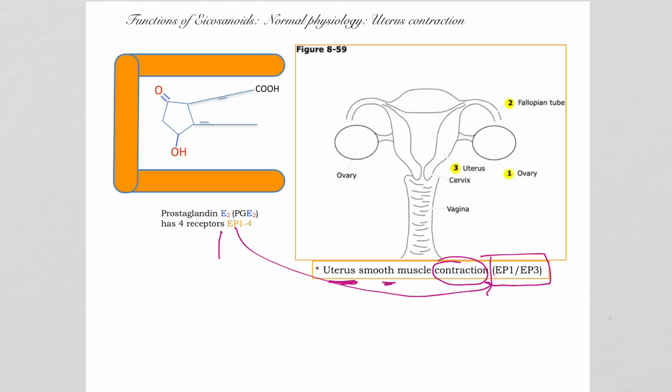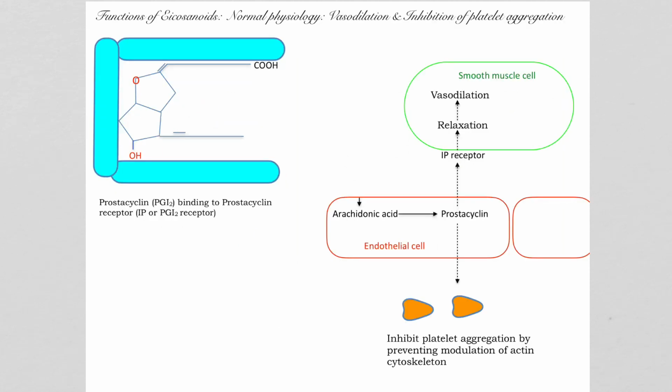So this shows that the same prostaglandin can cause one effect in one organ and the opposite effect in a separate organ. Another normal physiological effect of prostaglandins is an example of prostacyclin, PGI2, which binds the IP prostacyclin receptor.